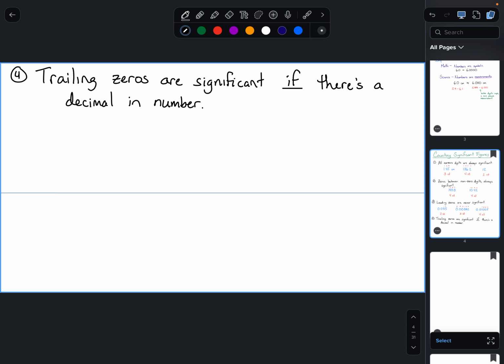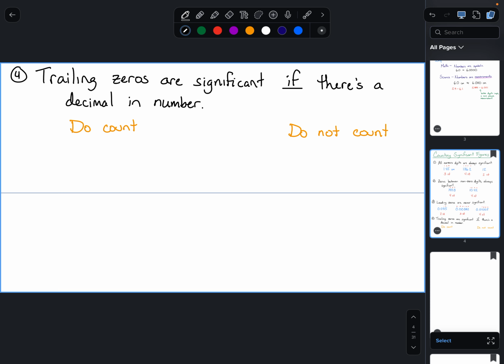All right, so let me give you an example of one where they do count, and we'll do an example where they do not count. Those trailing zeros, the ones at the end of the number, will count if there's a decimal in the number.